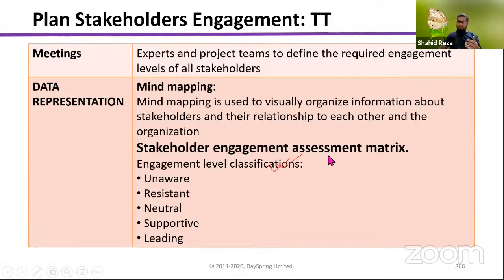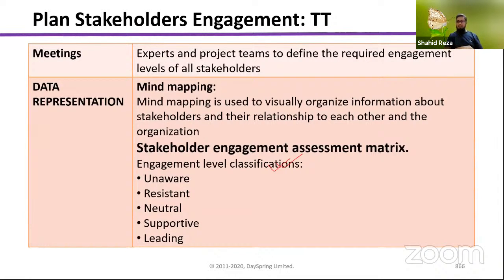Before you say anything, they will try to help you. Say you are going to collect some documents from a department. The leading people will already have prepared the documents for you, and when you go, they will explain and hand over the documents to you. So these guys are at the leading stakeholder engagement level.